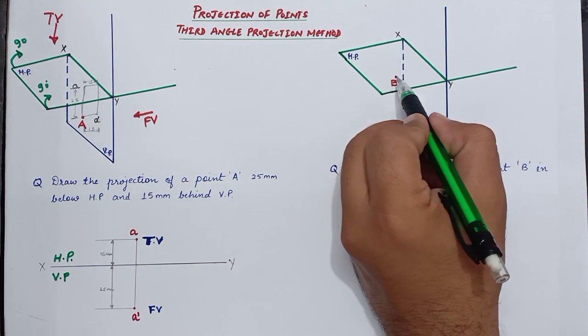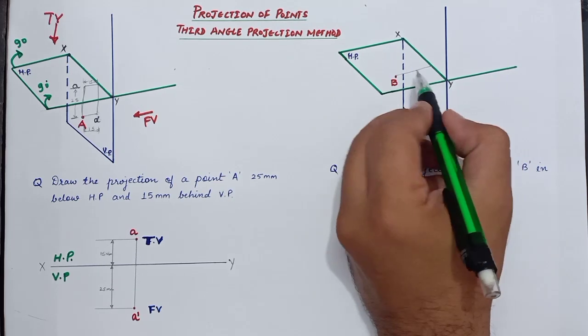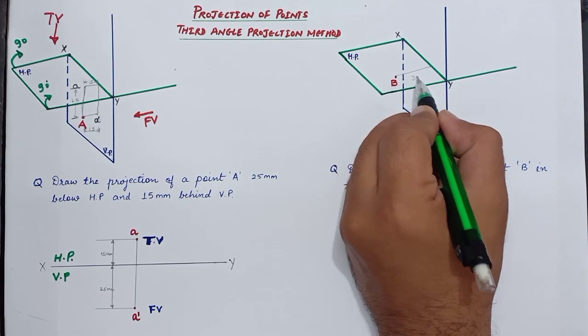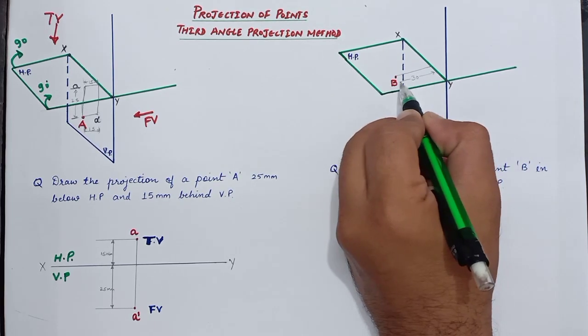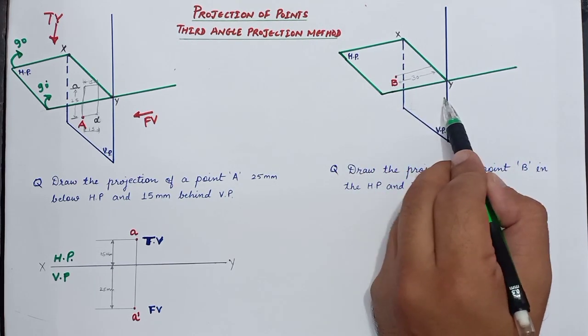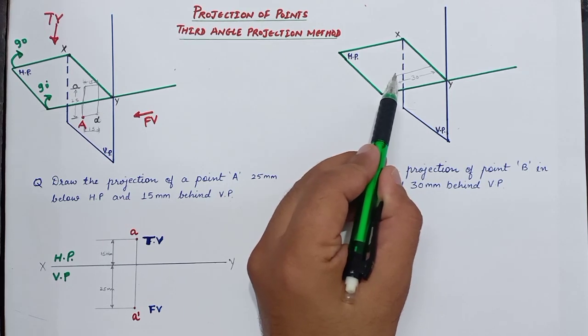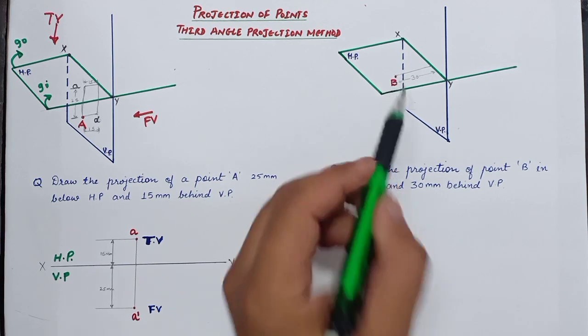And if we extend point B on the XY line, this distance is 30 mm. So we can say that point B is 30 mm behind the vertical plane and it is on the HP. It doesn't have any distance below HP. It is on the HP.